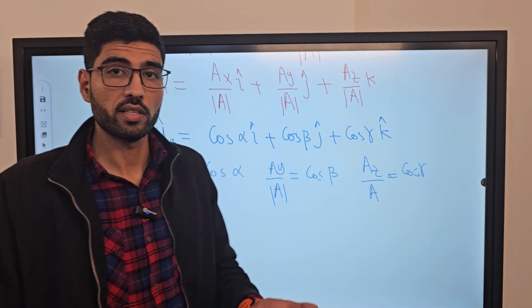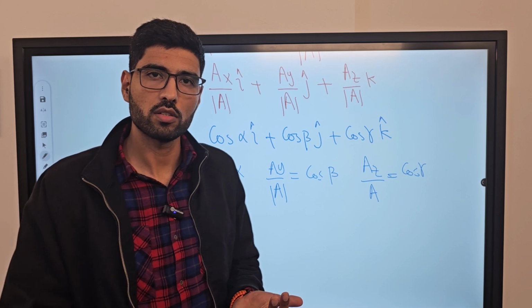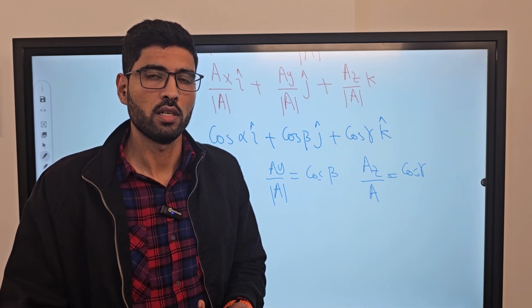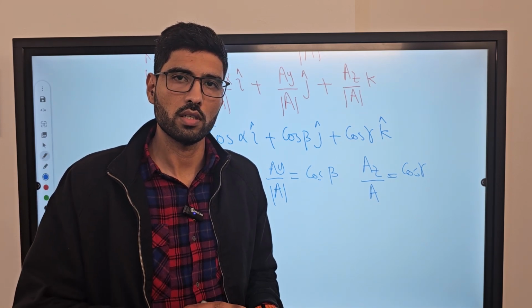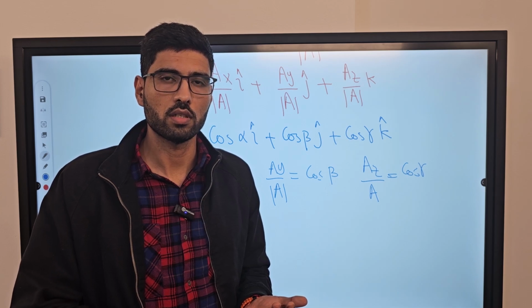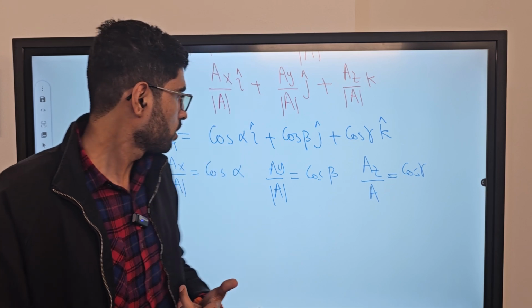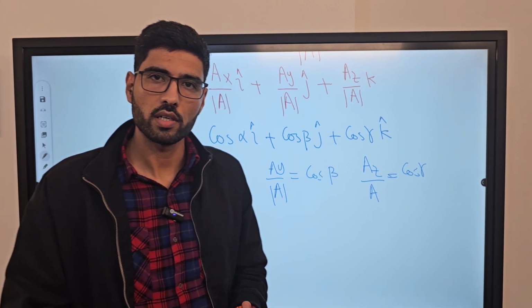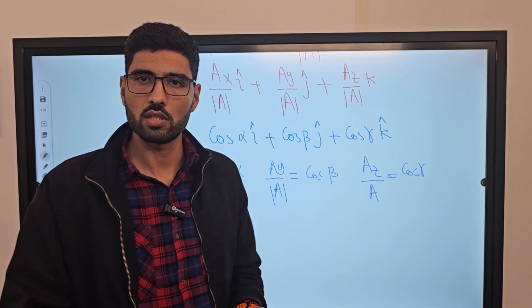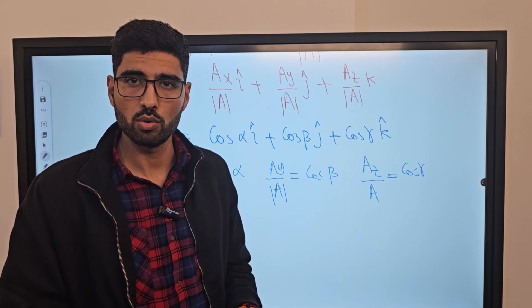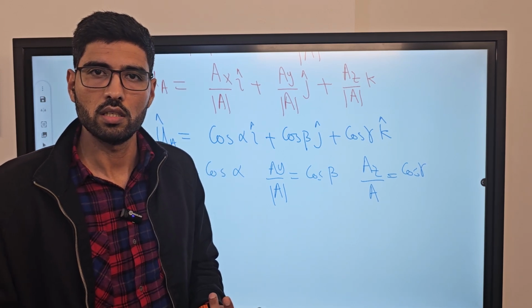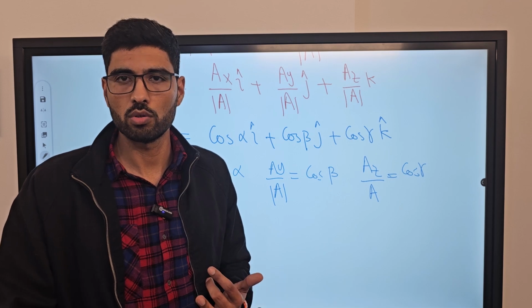So now again, if we are given a vector in terms of ax, ay and az, or in other words, if we are given a vector in Cartesian form like axi plus ayj plus azk, and we are asked to find the direction cosine angles which are alpha, beta and gamma, then what we will do is find the vector magnitude a by applying the Pythagoras theorem.